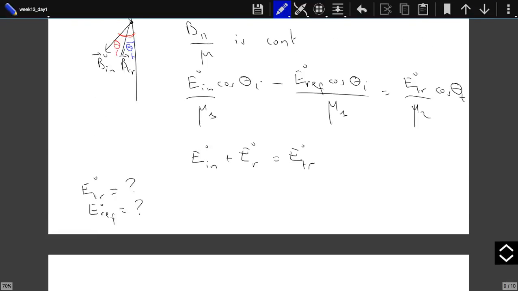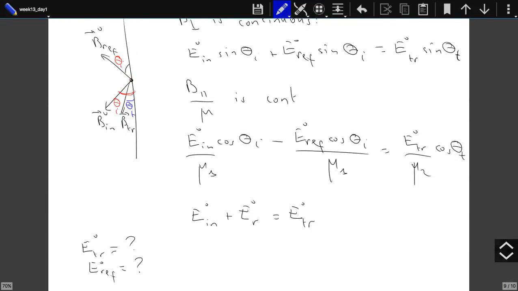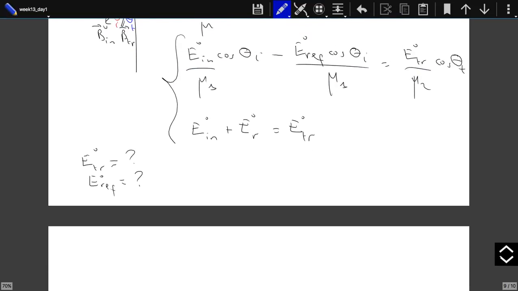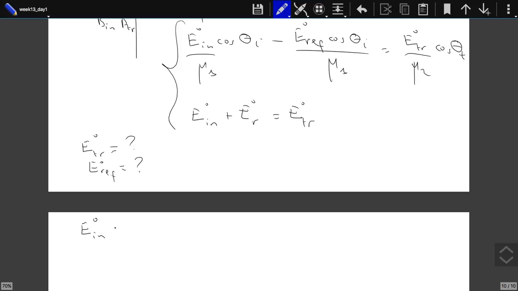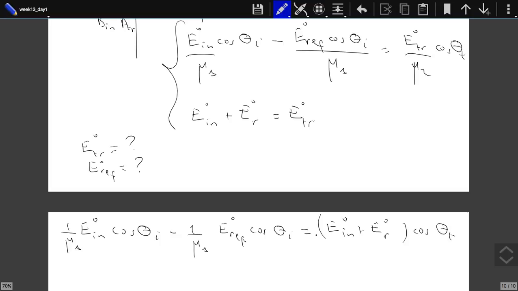So we have time to solve for them. Well, let's solve these 2 equations. They will be easier to solve probably. So we have E incident cosine theta I over mu1 minus 1 over mu1 E reflected cosine theta I. This should be equal to E transmitted, which is E incident plus E reflected, times cosine theta transmitted over mu2.